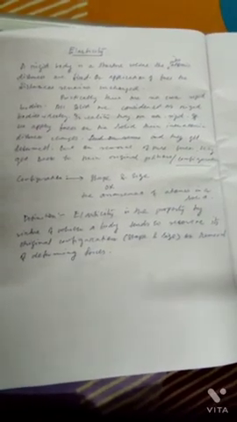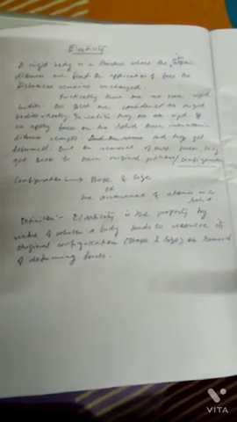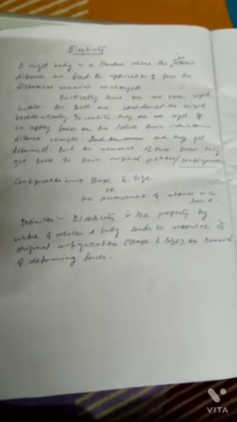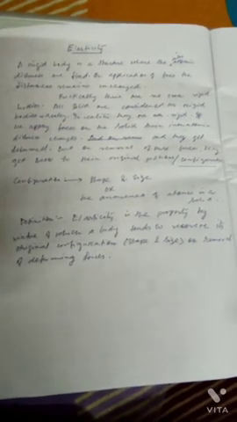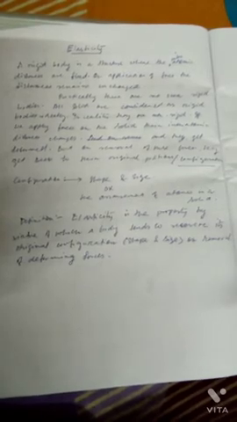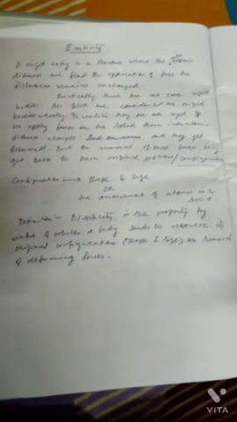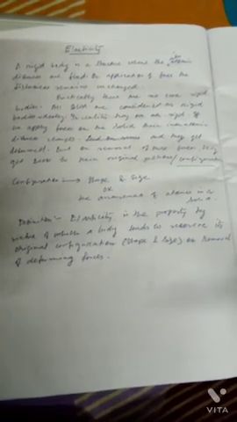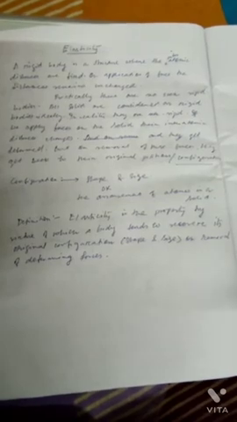Suppose we apply force on a body. By using this force we can change the shape or size of the body. But on removal of these forces, the deformation goes away, and a restoring force develops to restore the original configuration of the body.